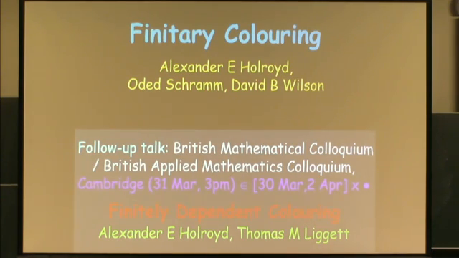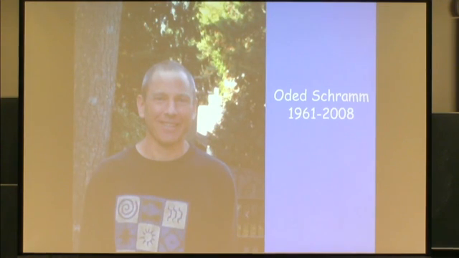Okay, so this is joint work with David Wilson and Oded Schramm. Not really necessary to say with this audience, but of course Oded Schramm, leading figure of his generation in probability theory, passed away in a tragic hiking accident in 2008, so six and a bit years ago.